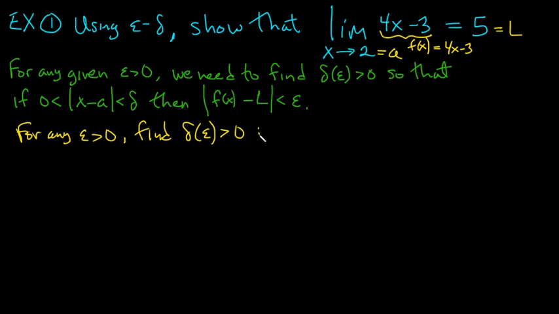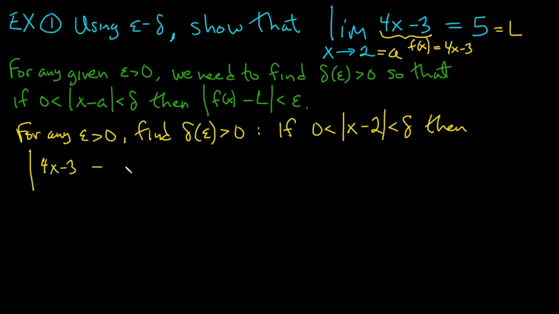What we want to guarantee is, as long as 0 is less than the absolute value of x minus a, where a here is 2, and that's less than delta, then that guarantees that the absolute value of f of x, which is 4x minus 3, minus L, which is 5, has to be less than epsilon.